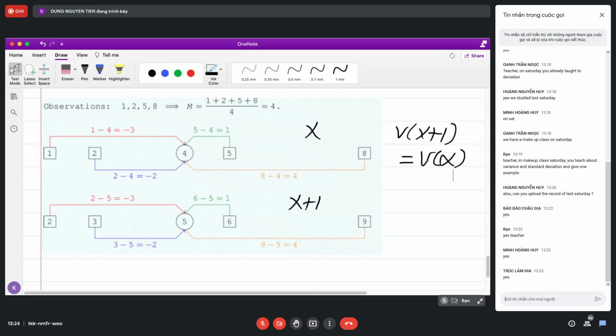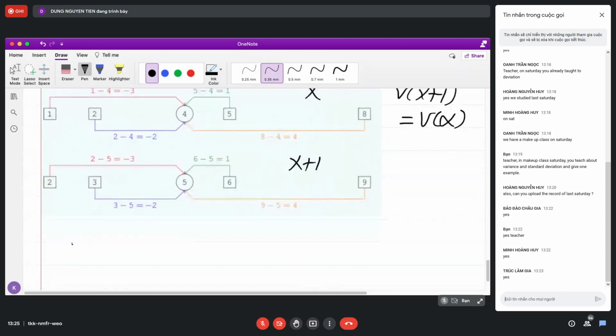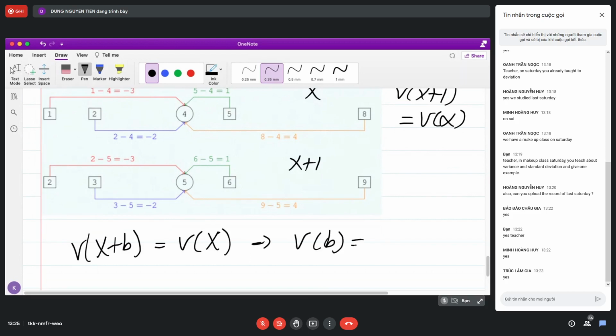Okay, because if you just move the observations to the right by 1 unit, everything is changed except the deviations, and because the deviations are the same, the variances should be the same. So I can say that the variance of x plus b should be the same as the variance of x. Okay, which means that the variance of b, a constant, should be 0.